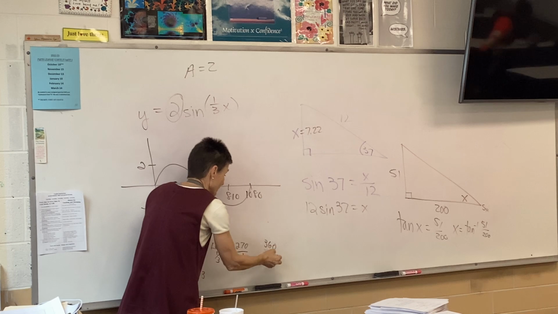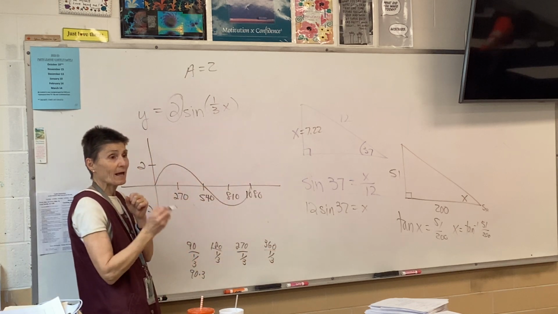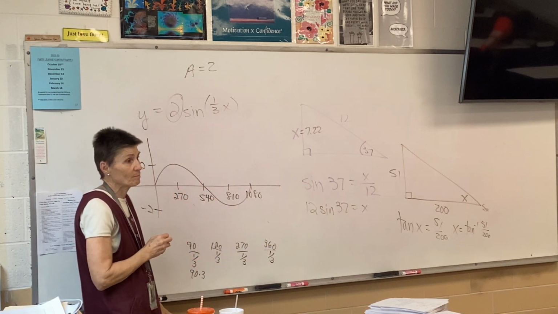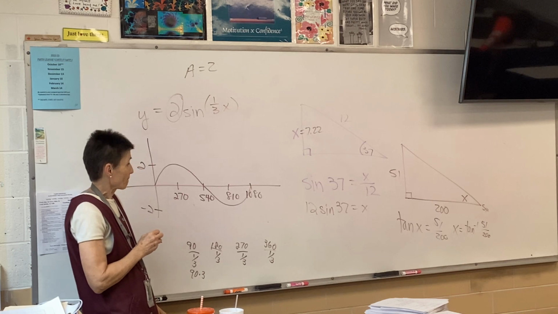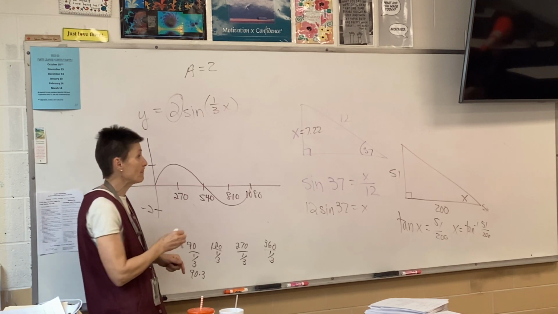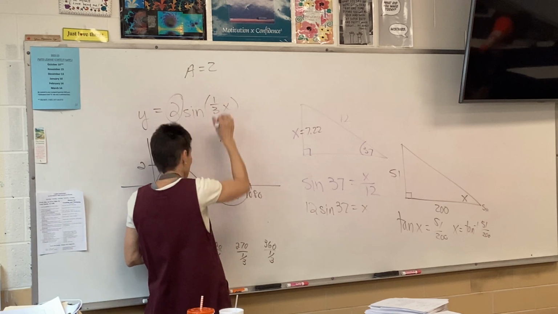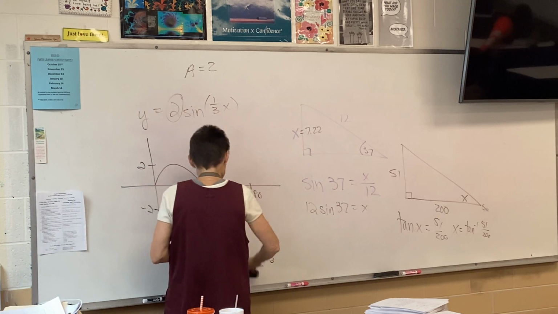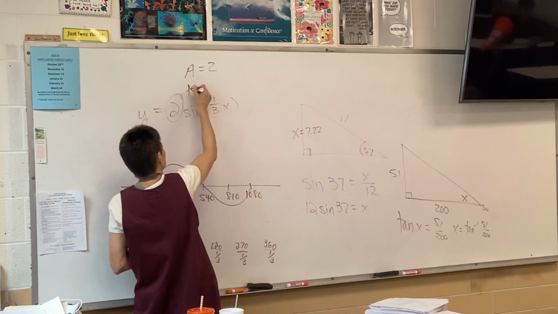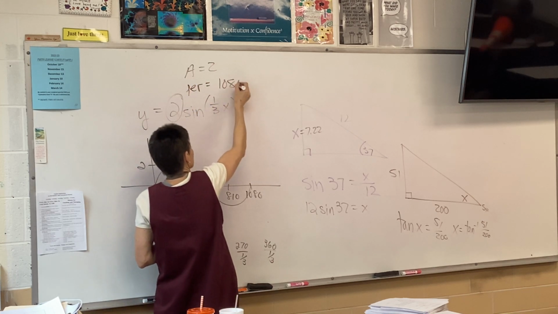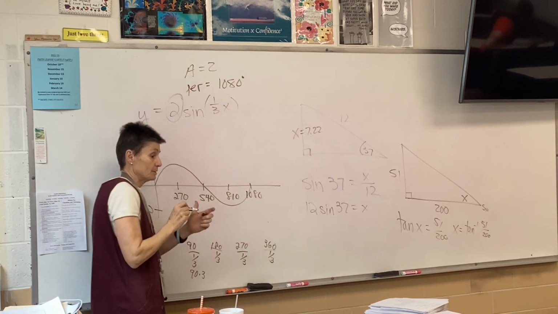Remember, you don't have a calculator though. So you've got to figure out how you can best manipulate the arithmetic. Okay, point for the shape, point for the labels, point for amplitude and period. Already said my amplitude was 2. What's my period? 1080 degrees.